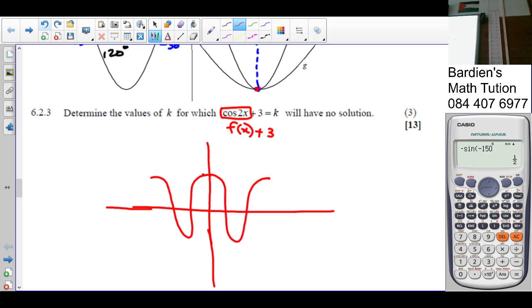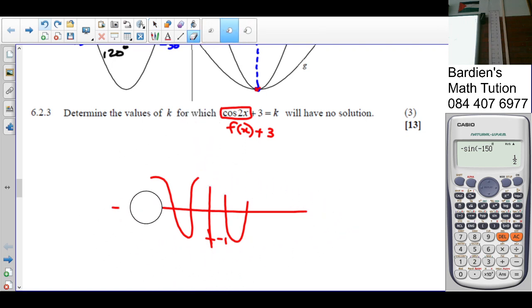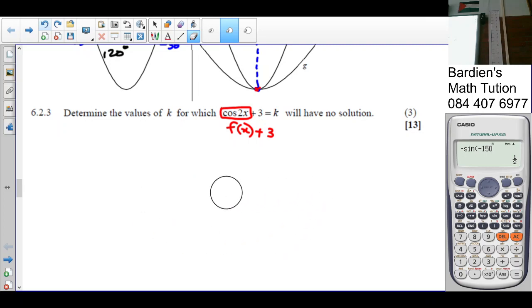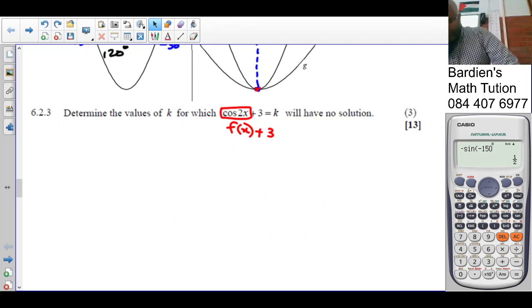So if this is 1 and minus 1, I'm going to move this graph 3 units up. Then this is going to go to 4. Okay, this is not a good representation of what I want to show you. So I'm just going to draw a grid quickly, then I'll show you a better representation of what's happening. I'm just going to pause the video quickly.